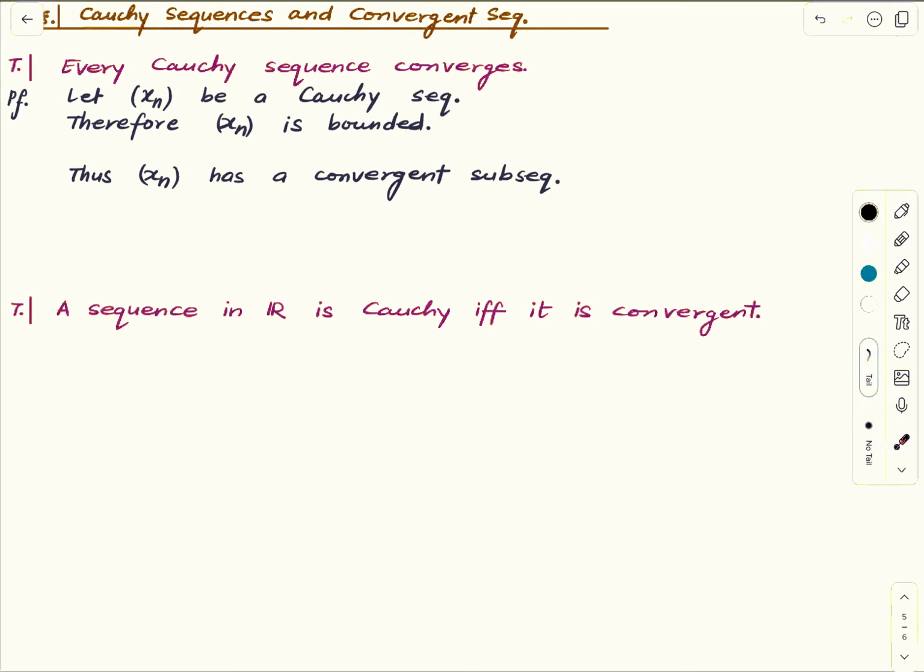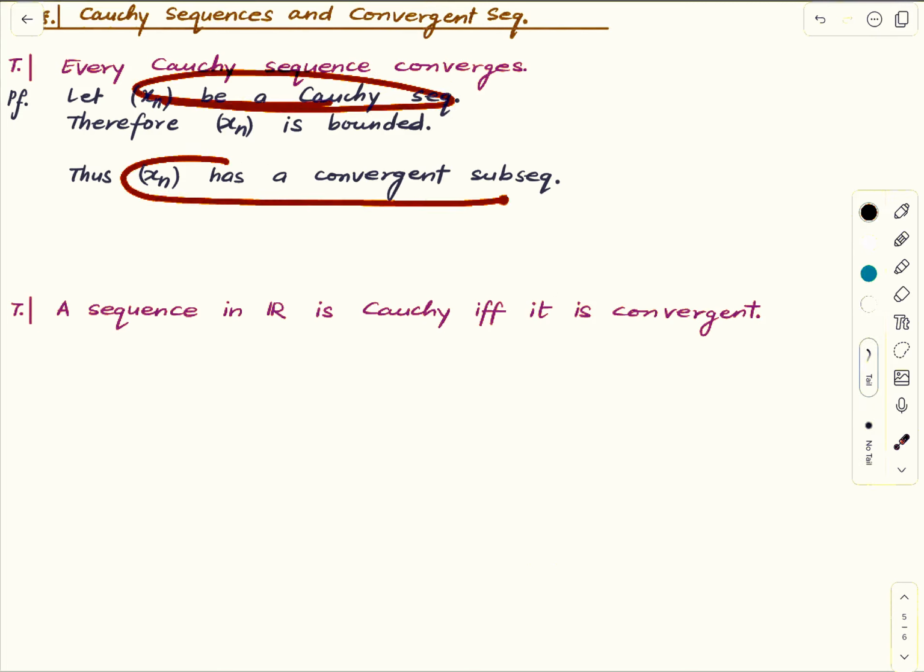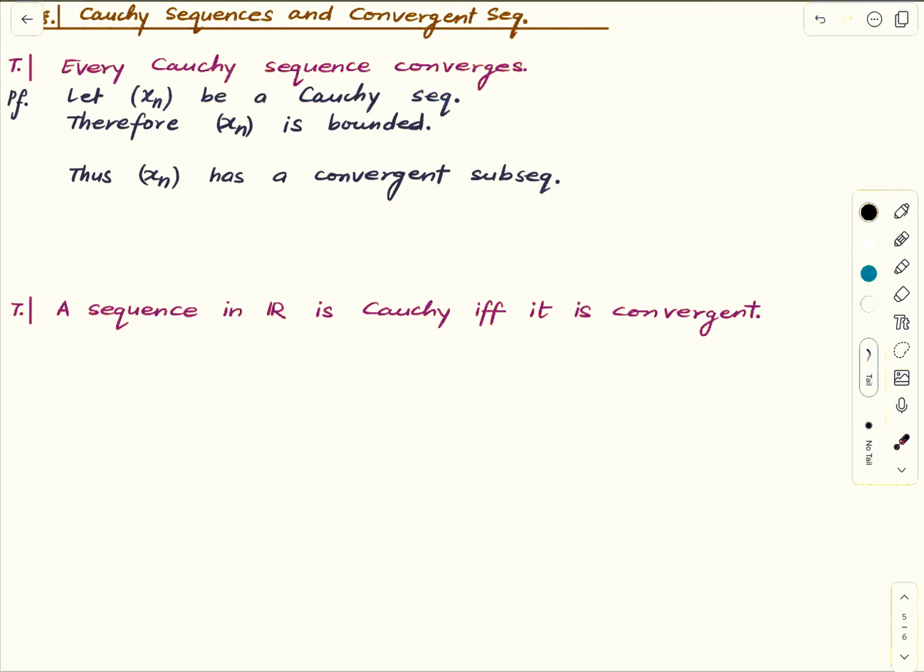We started with the Cauchy sequence, we showed that it has a convergent subsequence, but by what we proved a few slides ago, this implies that the sequence is convergent. Because if a Cauchy sequence has a convergent subsequence, then the Cauchy sequence itself is convergent.